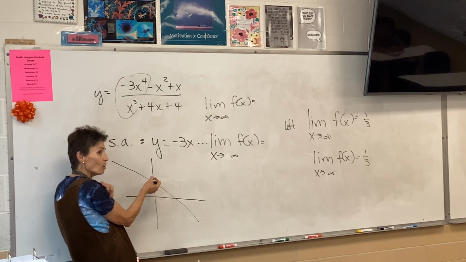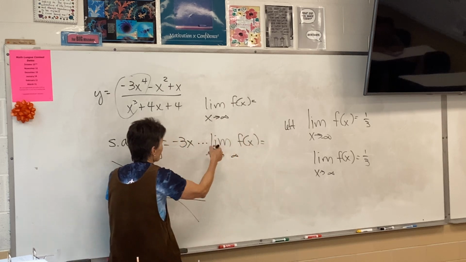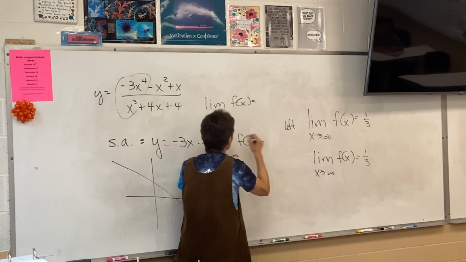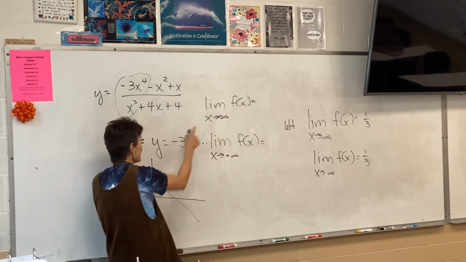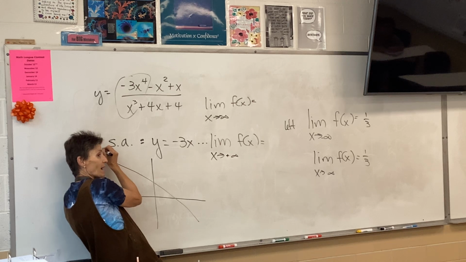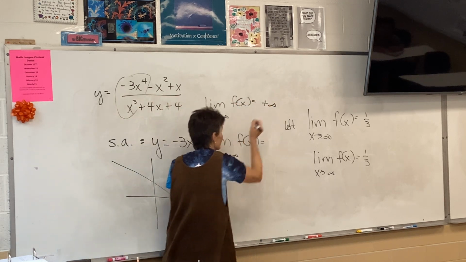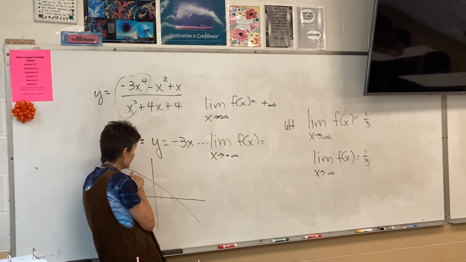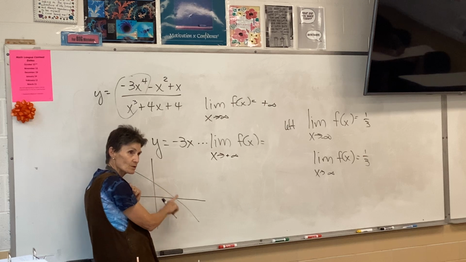So as we go to the left, as we go to negative infinity, what is happening to my y values? They're going up. And as I go to the right, what is happening to my y values?